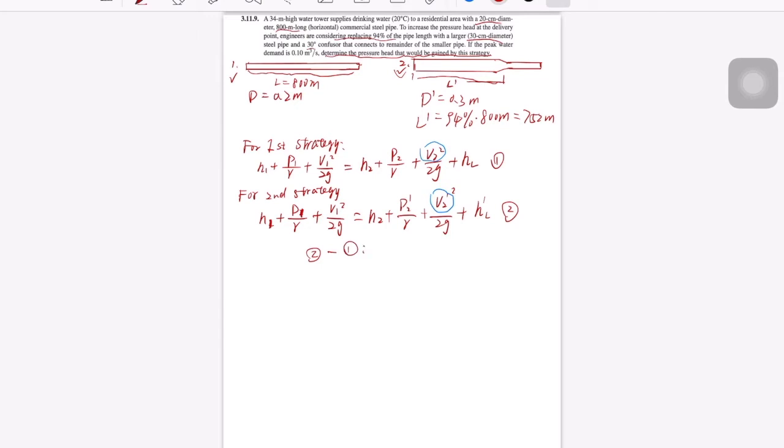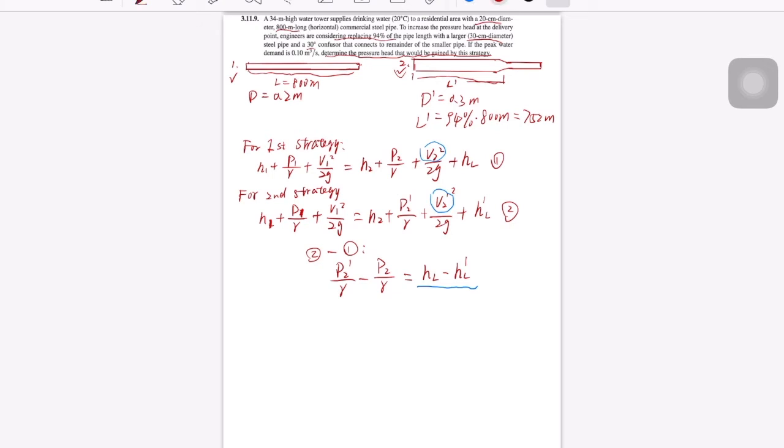We will get P2 prime over gamma minus P2 over gamma equals HL minus HL prime. Now, if we can determine the difference between the head loss under the first strategy and the second strategy, we will get the answer.